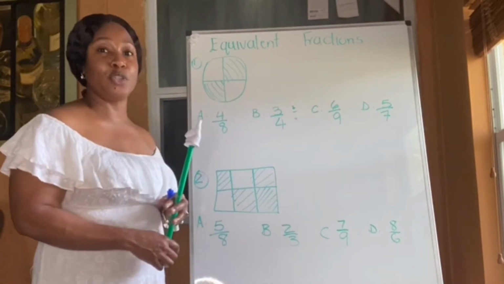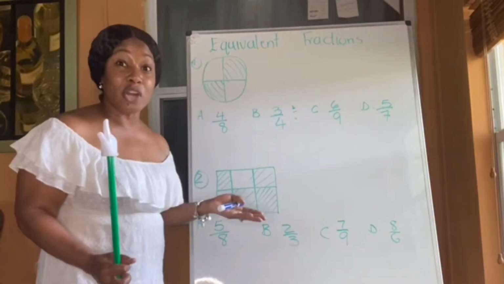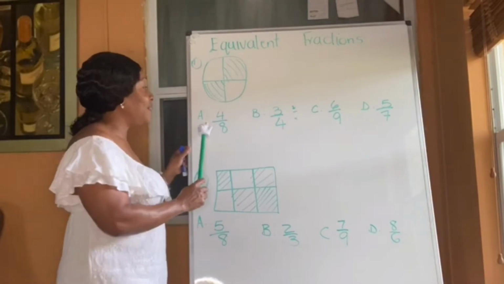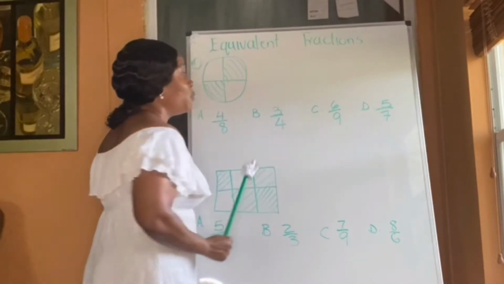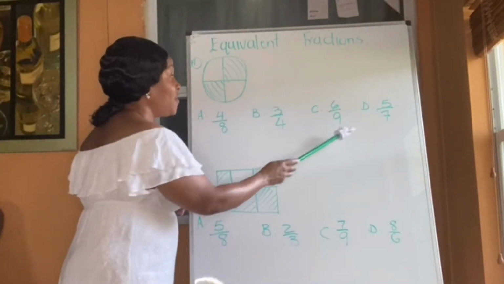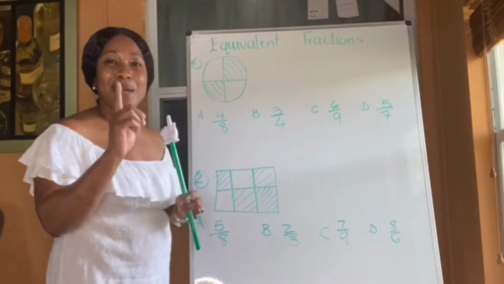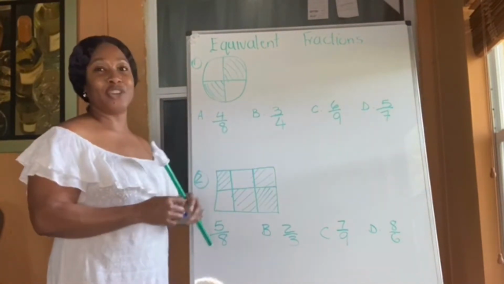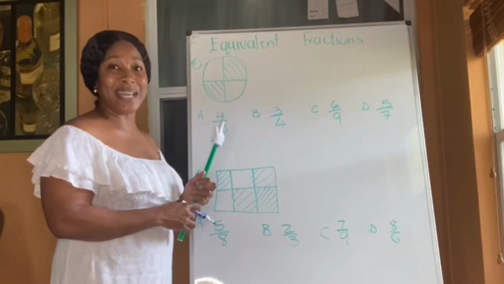Now, on the board, I have two diagrams. Let's look at the first one. It shows a fraction, but it does not tell us the name. Then it gives us A, B, C, and D, and we are to tell which of these is equivalent to this. Step one, we have to know the name of the fraction that this diagram represents.